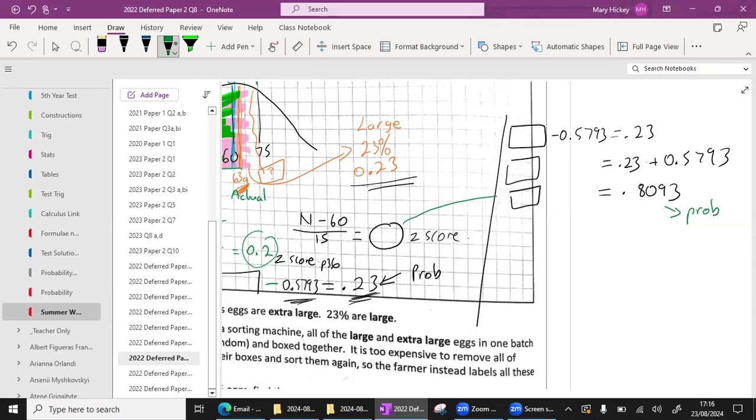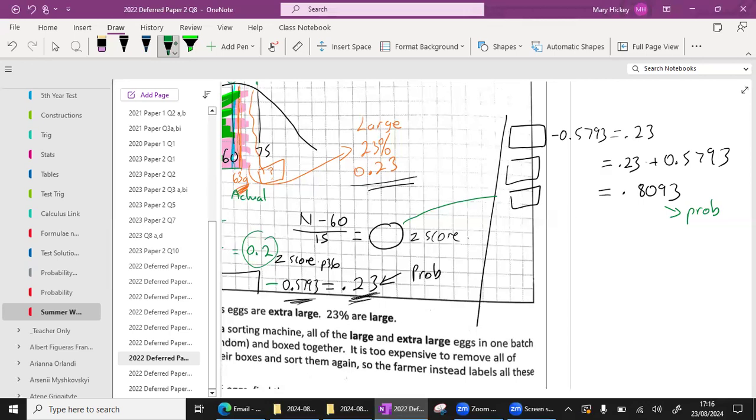So on page 36 of my log tables, as I scan along and I have a look at all the probabilities, I find a 0.8078, I find a 0.8106, I find a 0.8133. Now, 0.8133 is quite far away. 0.8106 is the closest I can get.